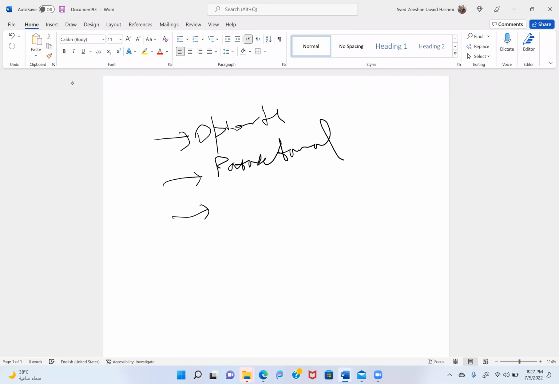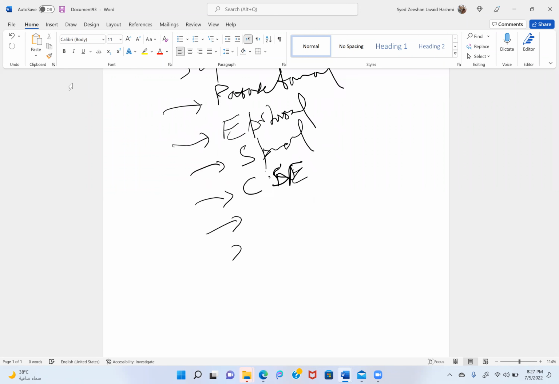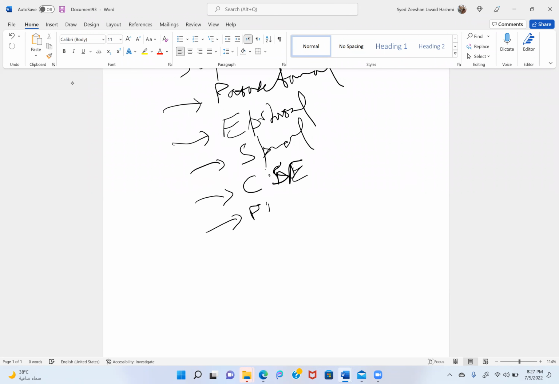Okay. What else? Different options. Combination. Of course, we will not give it in every patient. Epidural. Spinal. Combined spinal, CSE. Okay. Then this Pank block.